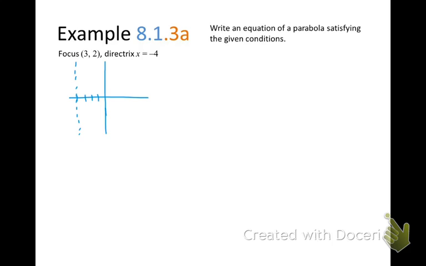Then I have the vertex at (3, 2), which is going to be right there. That's the focus, right? So can you guys tell me, based on that information, which way is this opening? It's opening to the right. That's the only way that you can have this directrix and then have the focus be in that cup, right?